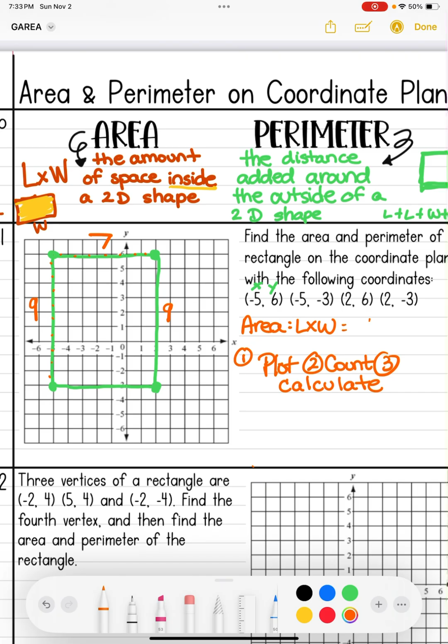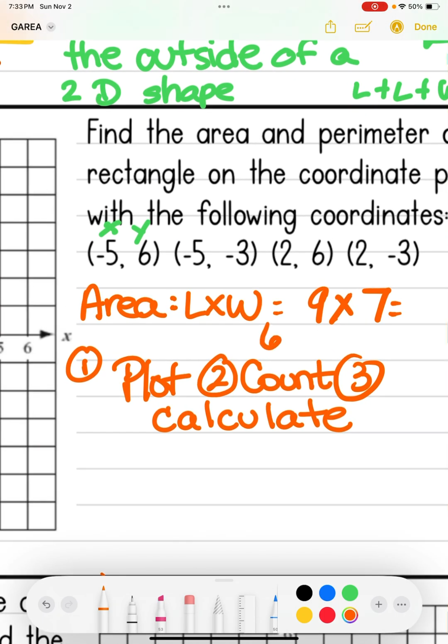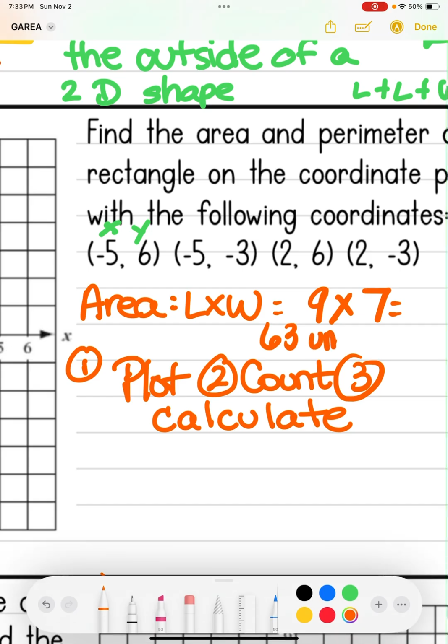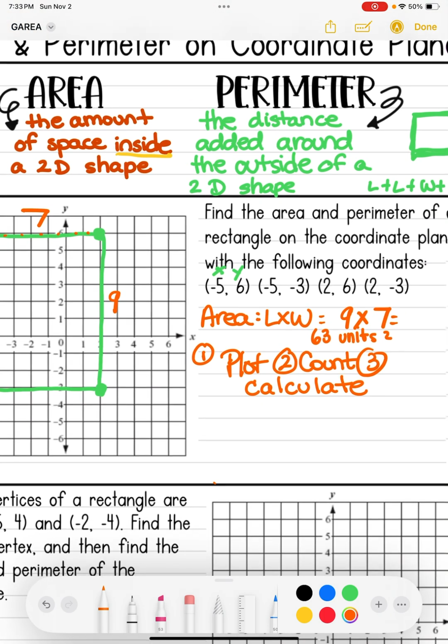So 9 times 7 gives me 63. And you would write units squared. So you always write units squared when you're dealing with area.